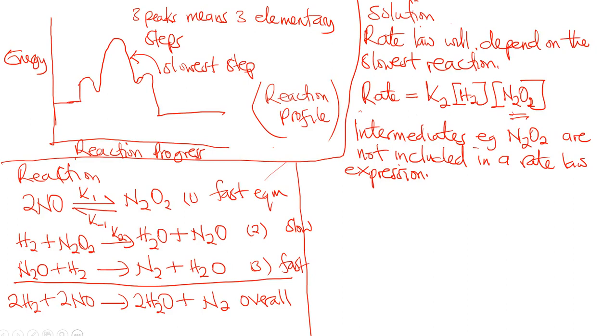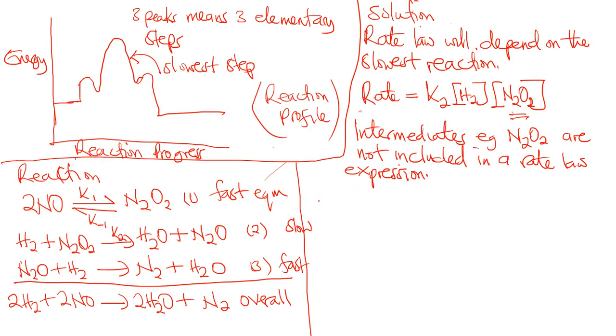So always, when you see that your slowest step has an intermediate, most of the time or always you will be given an equilibrium reaction that will get rid of that intermediate. In this case, reaction 1 is an equilibrium reaction.